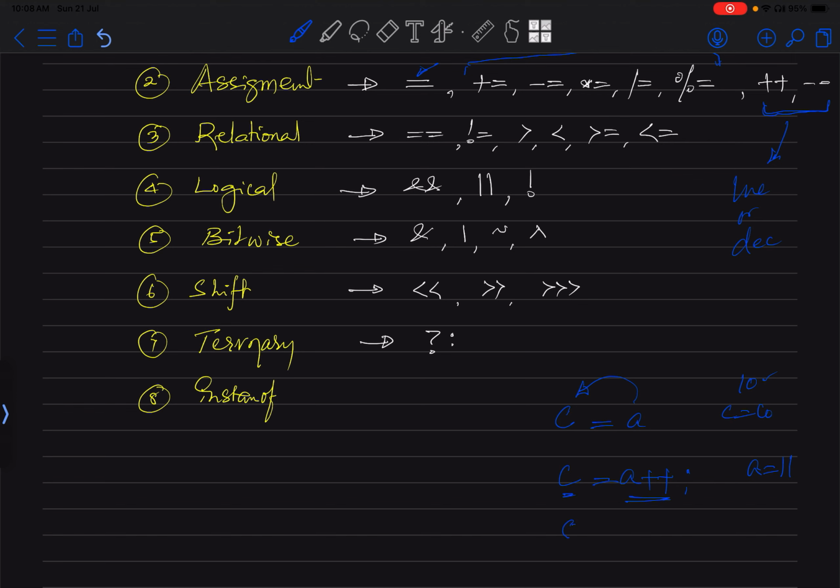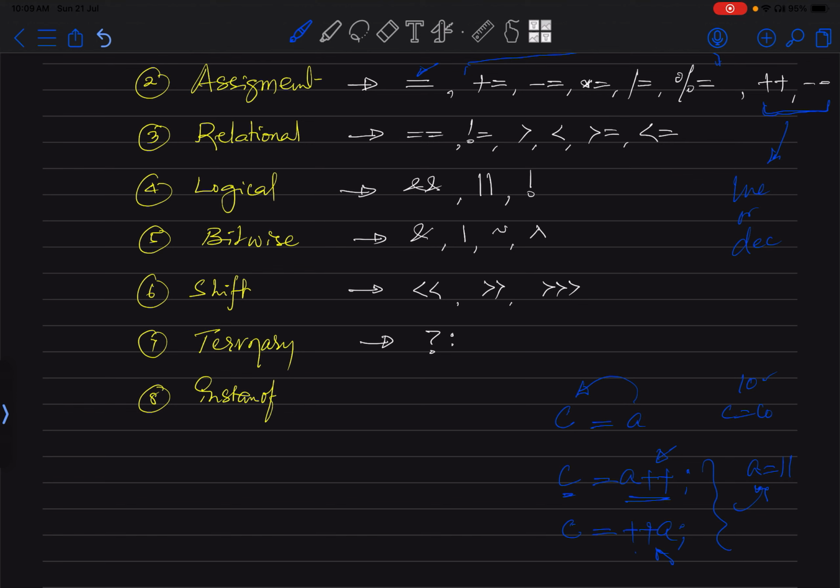I can write it in two ways: c equal to plus plus a, or c equal to a plus plus. In both cases, a will be incremented for sure, but what value c gets depends on where you use this plus plus. This is called post increment, and that is called pre increment.